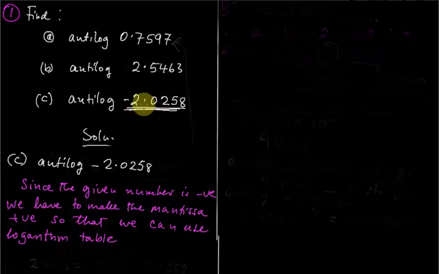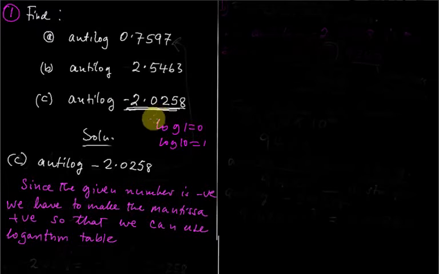-2 means this number is below 0, because we know that the logarithm of 1 is equal to 0 and the logarithm of 10 is equal to 1 under base 10. So when we have a negative number, it means the logarithm of this number is below 0. It will be 0 point something.